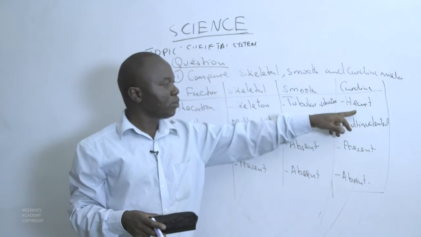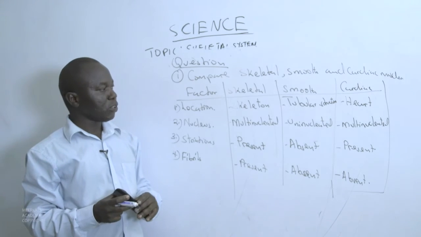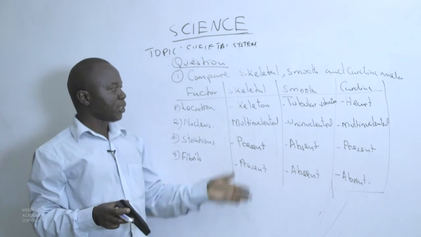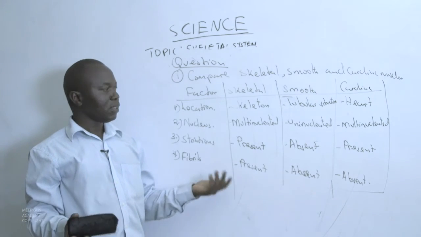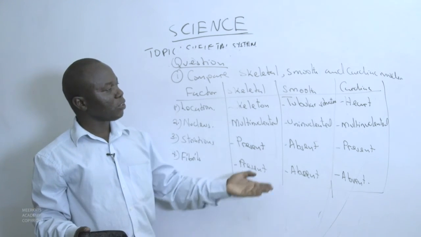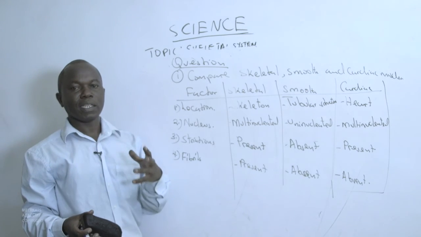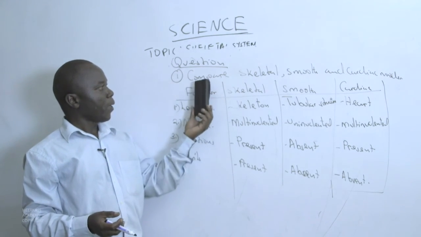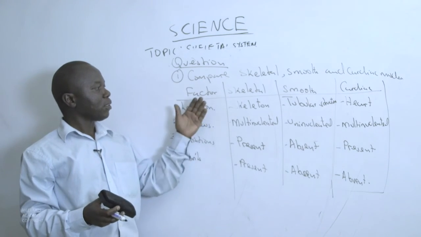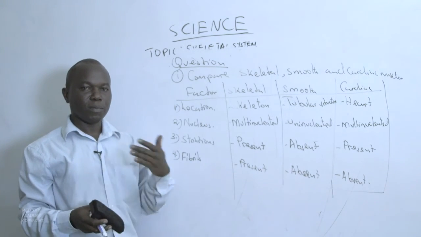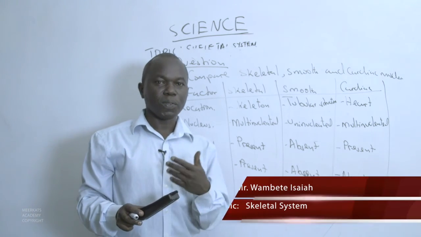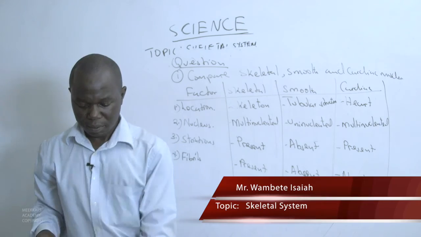In cardiac muscles, we expect more mitochondria because it is always working. It never stops. Skeletal muscles, when you are resting, they are resting also. Smooth muscles could be working, but at a lesser intensity. So we have several questions, but we can look at this and then find more. If you have questions, you always know how to contact us. Thank you.